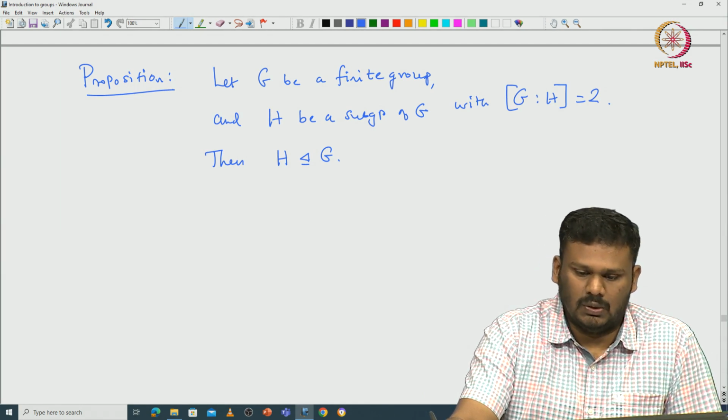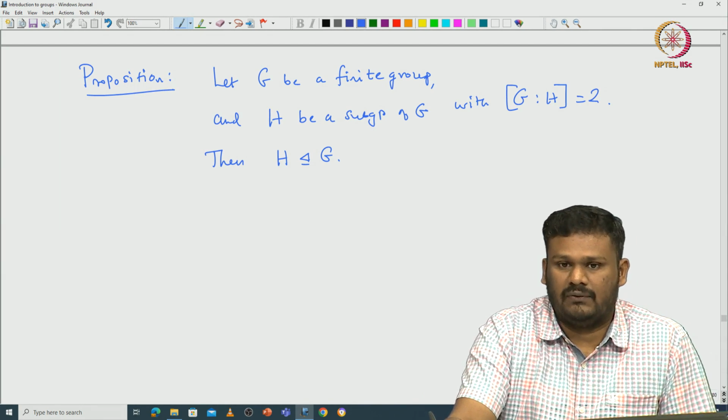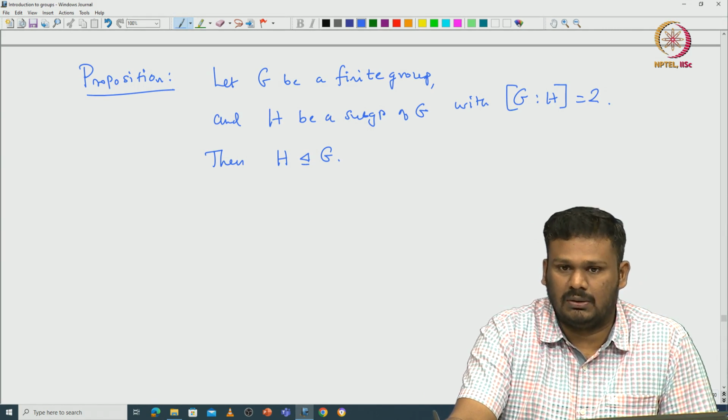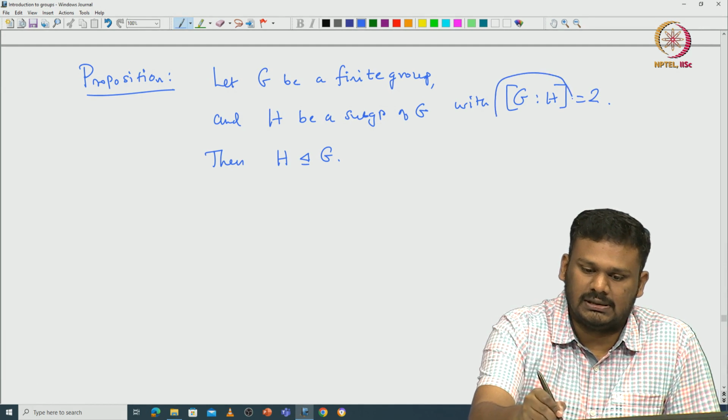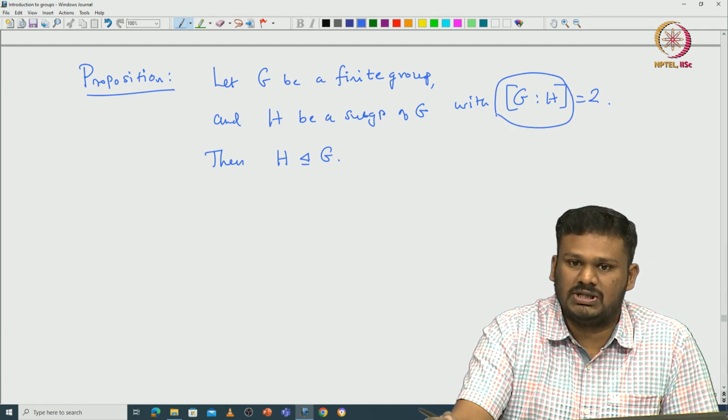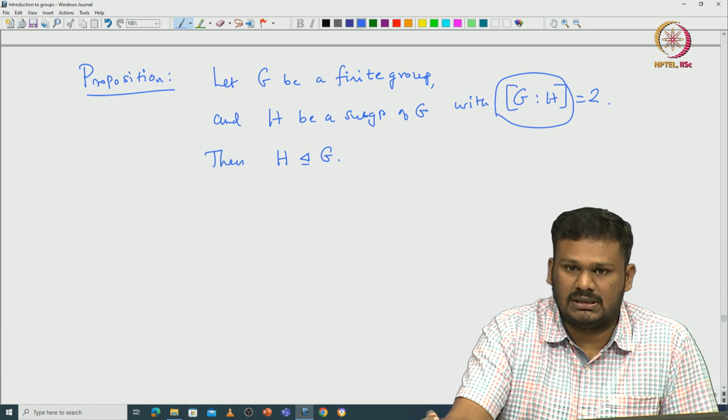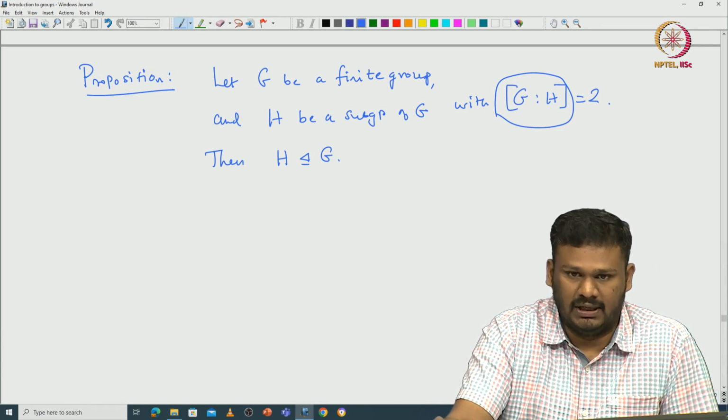The index of any subgroup divides the order of G. In particular, the index of this subgroup H in G is the smallest prime divisor dividing the order of G.